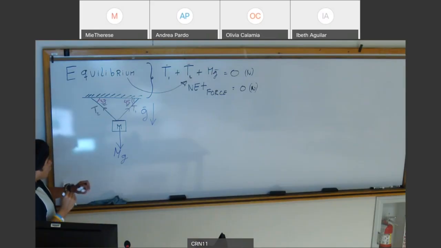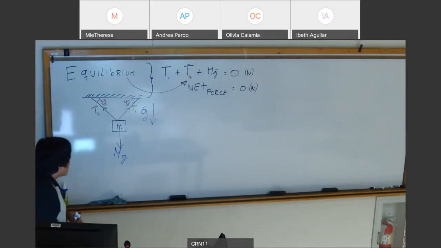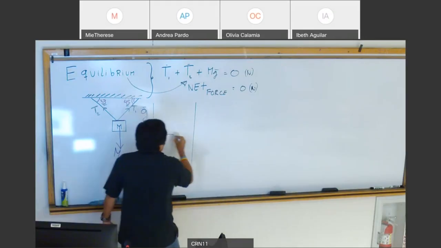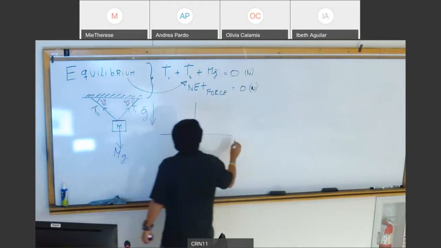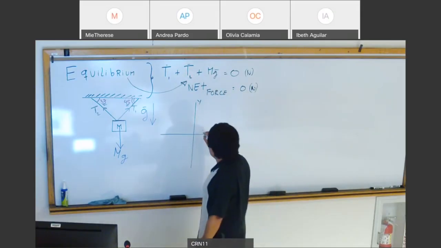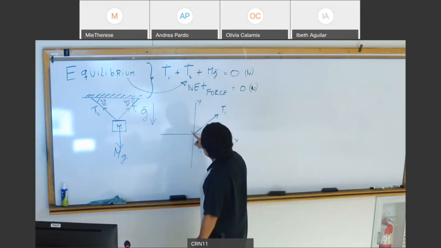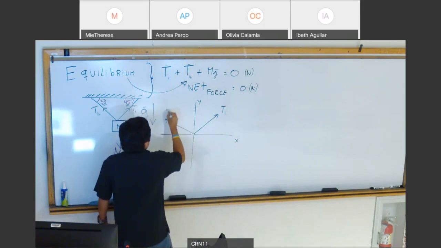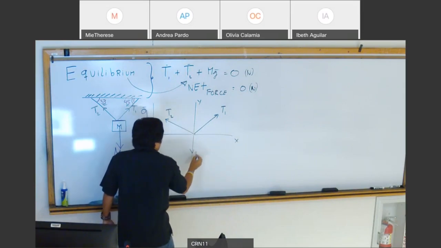All right? Now, of course, when we did vectors, I did show you how you could solve a problem like that if you were given the value of the mass. So just very quickly here, you will bring this body here on the x and y coordinates, and then you will put tension 1, tension 2, and mass times gravity there.